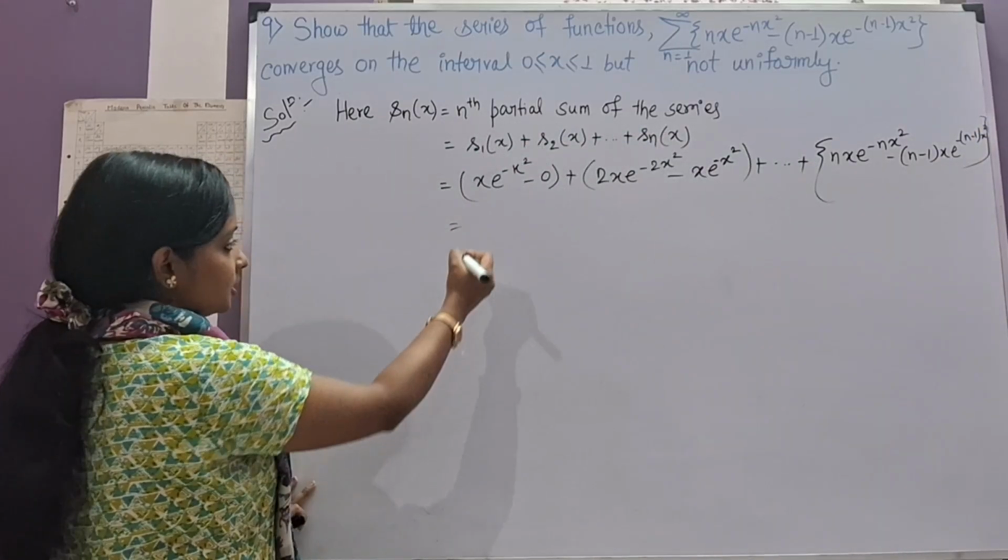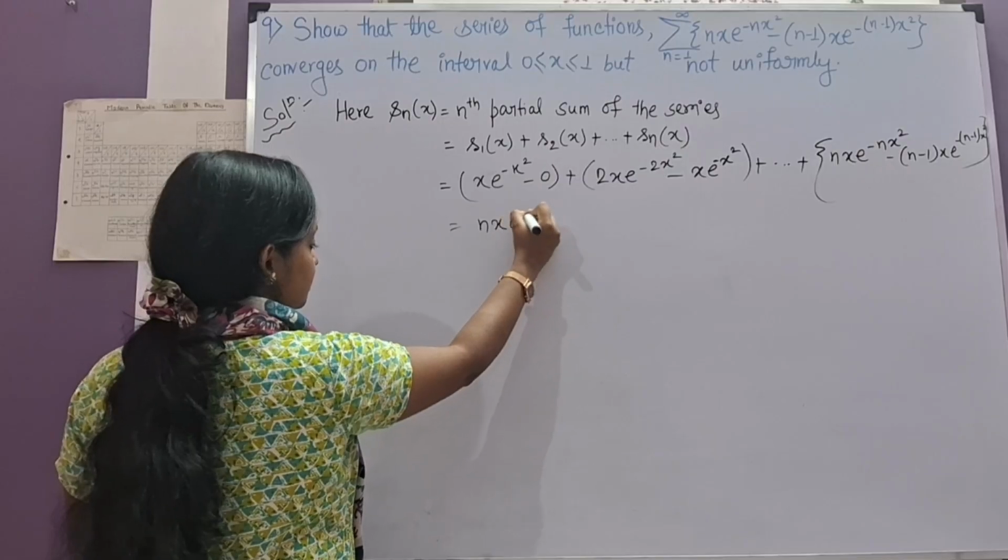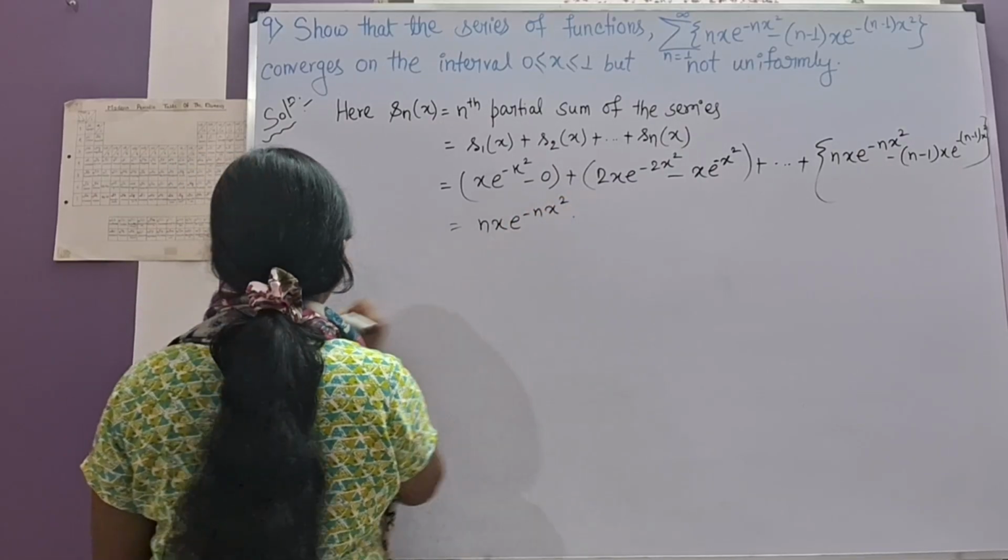And this is finally equal to nx e to the power minus nx square.